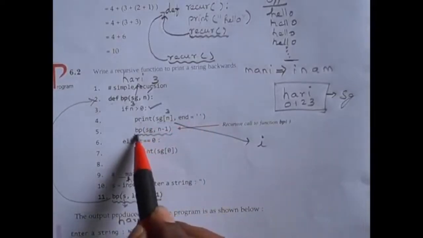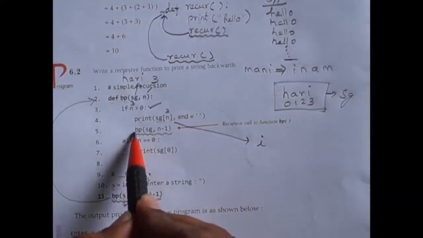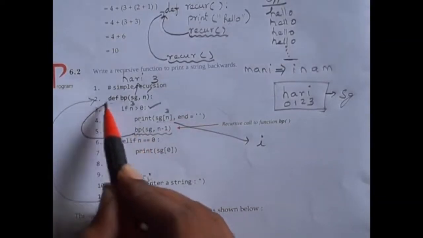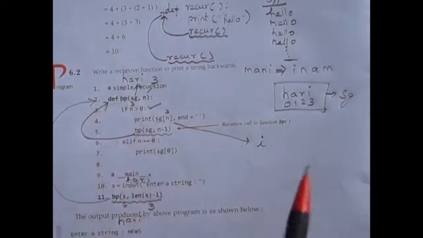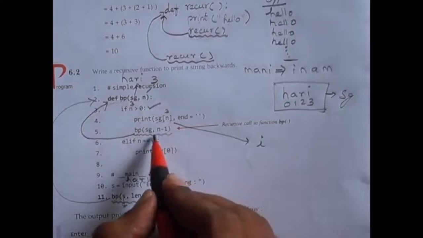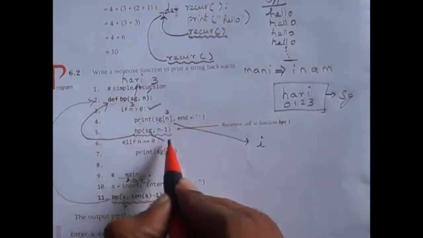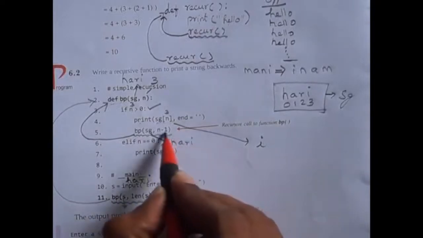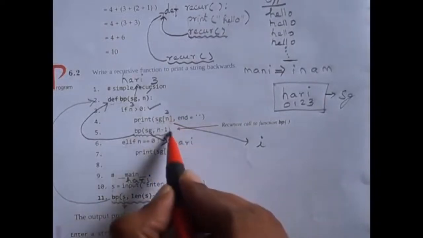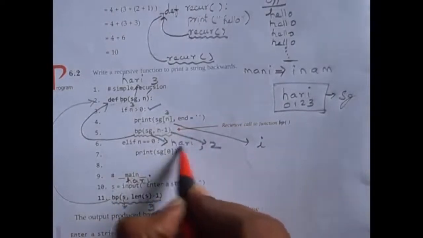Now this one is a function call statement, such that the control flow will go to def BP. Now listen. What is SG value? It is Hari. And what is N minus 1 value? N is 3, so N minus 1 is 2, such that it is Hari comma 2.